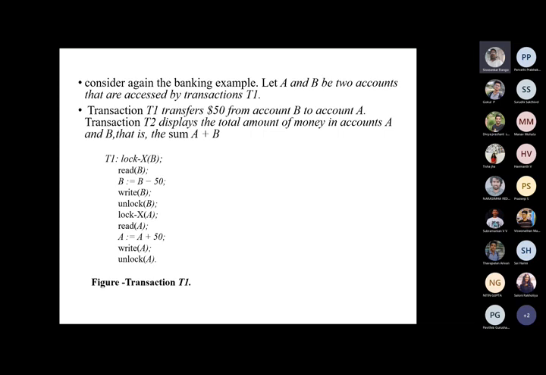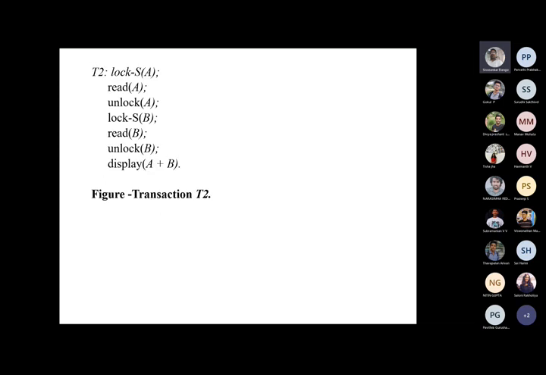So we have an exclusive mode lock for the data item B, similarly data item A, whereas whenever you are going to perform only a read operation on a particular data item, you are going to use a shared mode lock on that data item.